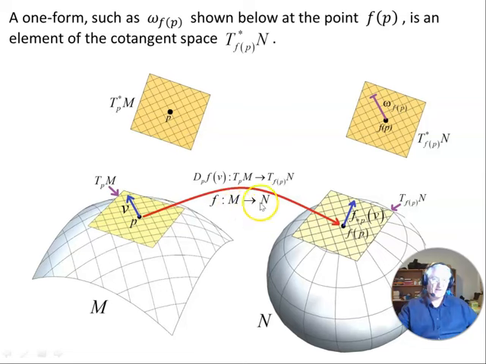F is a map from M to N, and the mapping between the tangent spaces is induced by the Jacobian at the point P of the mapping F acting on the vector V. So we push this vector V forward to F subscript star at the point P of the vector V over here. So this is the push forward of this vector. Okay, and that's all been covered in the push forward of vectors in the last 5 videos prior to this.